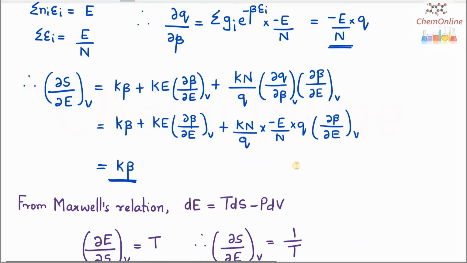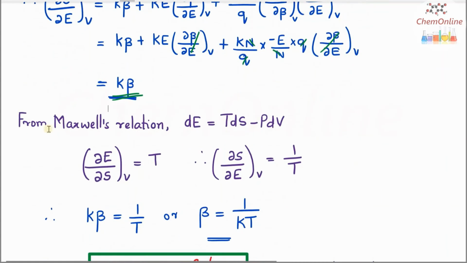So we have kE into ∂β/∂E here. Here also N and N will get cancelled, Q and Q will get cancelled. So here -kE ∂β/∂E. So the remaining will be kβ. So you got ∂S/∂E at constant V equals kβ.